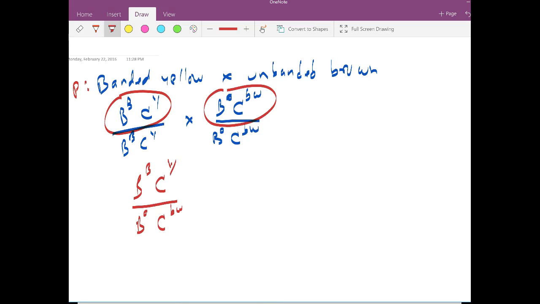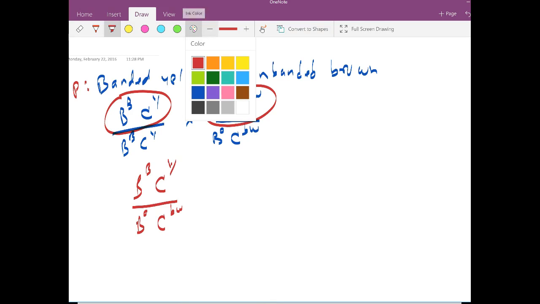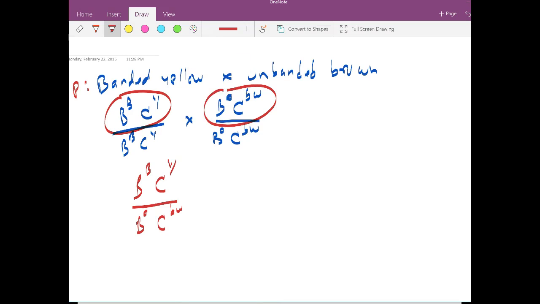And now we showed that if there's no crossing over, we just get parentals. Some kind of weird color scheme going on here, but that's all right.